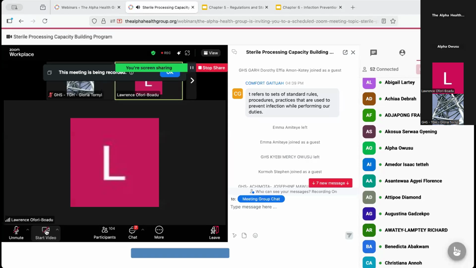certifications for facilities so that standards will be met, because healthcare associated infection is causing a lot of burden on facilities, a lot of burden on the health system in Ghana. And one of the areas we have lost sight of for so many years is our sterile processing department, where our gauze are packed for sterilization, where our reusable surgical items, labor ward items, emergency ward items are sterilized.